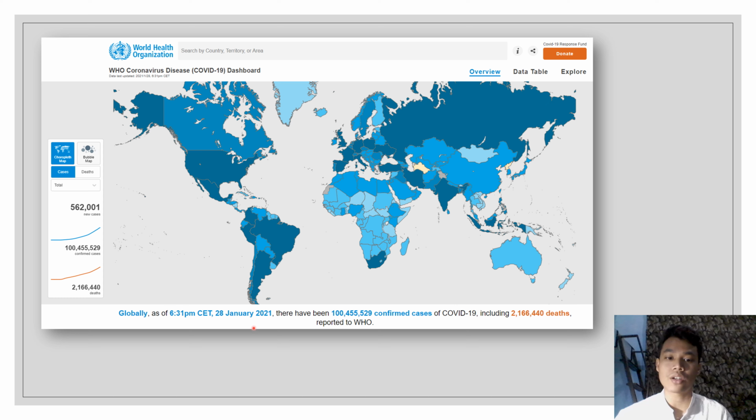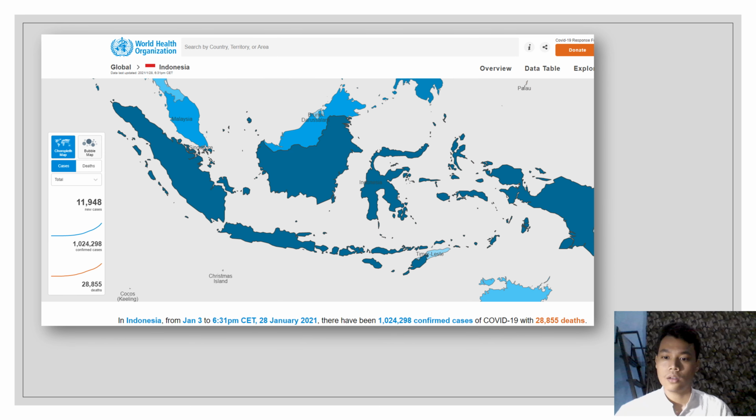As per 28 January 2021, there have been more than 100 million confirmed cases with more than 2 million deaths reported to WHO. In Indonesia, as per 28 January 2021, there have been more than 1 million confirmed cases with more than 28,000 deaths.